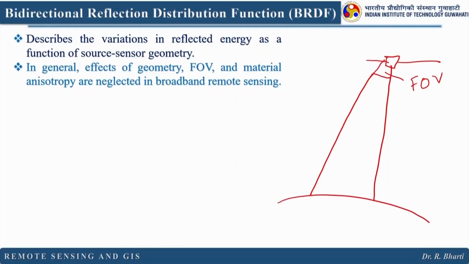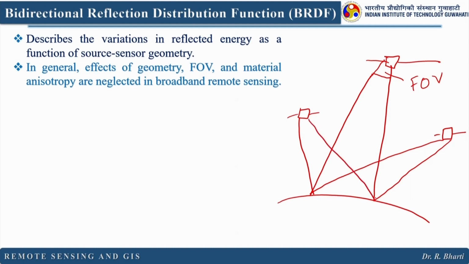If you are looking at this area from this angle, it will give one piece of information. If your satellite is here, then it will look from here, and your information will be different. If your sensor is here, the information captured will be different, right.